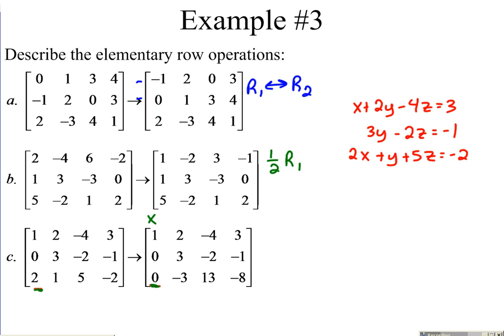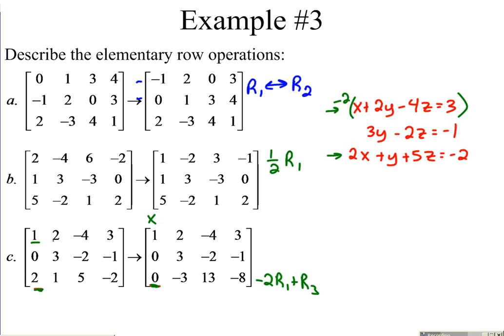What can we do to eliminate the x? Well, if I want to eliminate x's over here in these 2 equations, I would multiply this equation by -2 and add it to this equation. So in matrix terms, in terms of rows and columns, what are we doing? We're taking -2 times equation 1, which is in row 1, and we're adding it to row 3. We can go through and check all of these. Take -2 times 1, add 2, and we get 0.